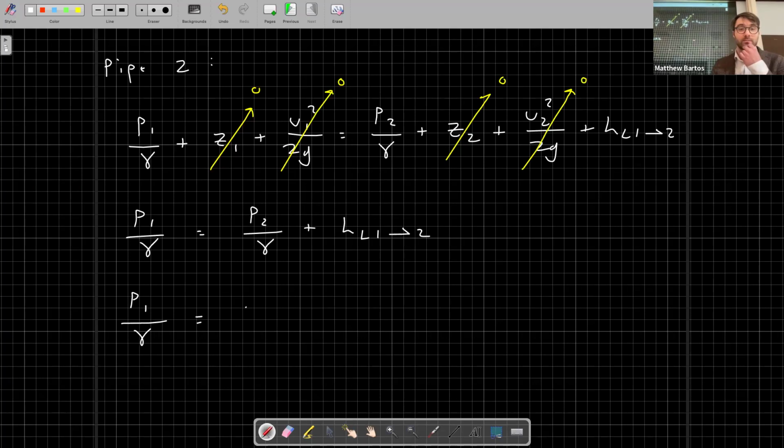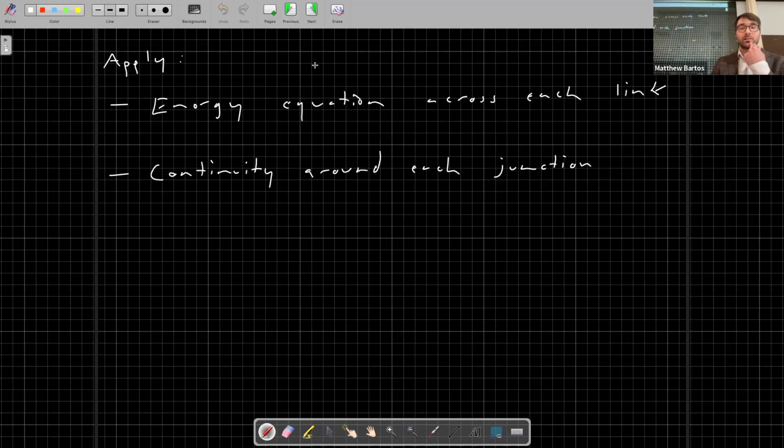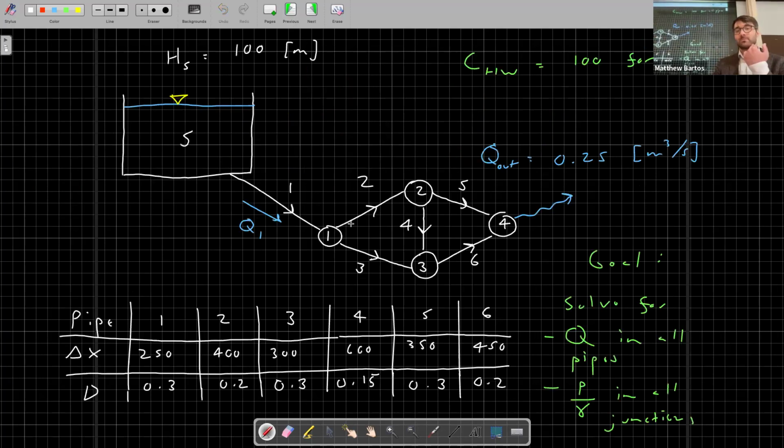And we can use our Hazen-Williams equation to express that head loss in terms of our discharge. So this is going to be sine of which Q? Q2. So for pipe 2, this contains the discharge Q2. The flow rate in pipe 2 is Q2.